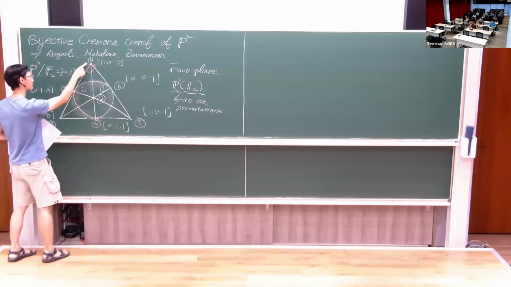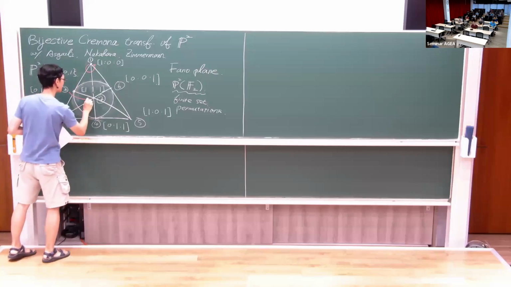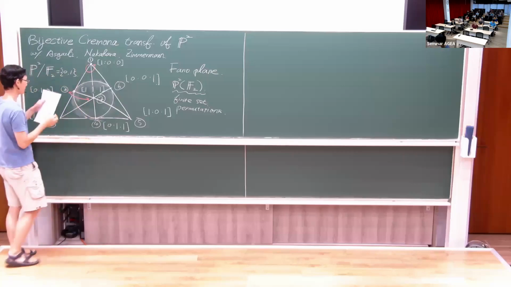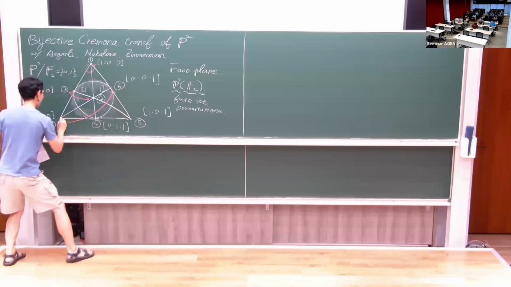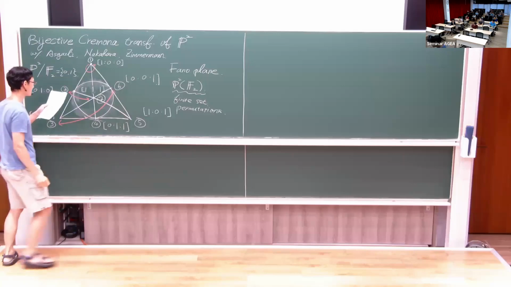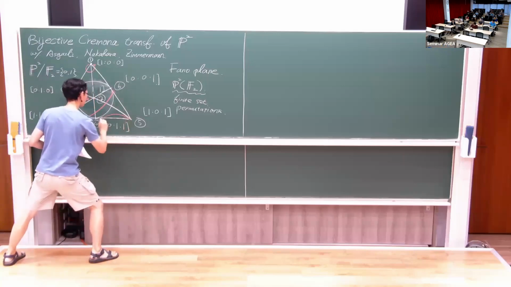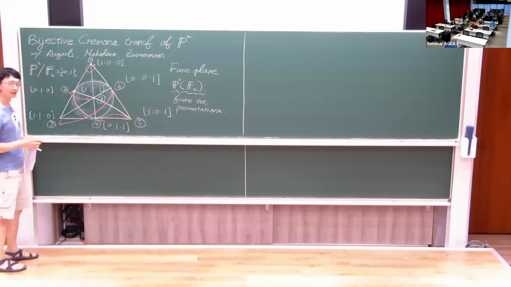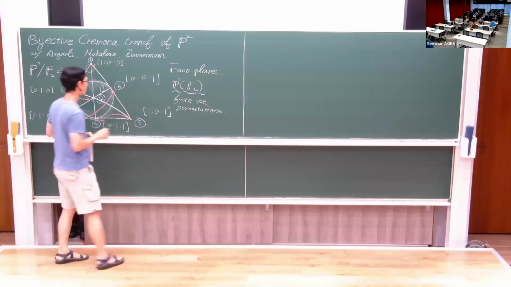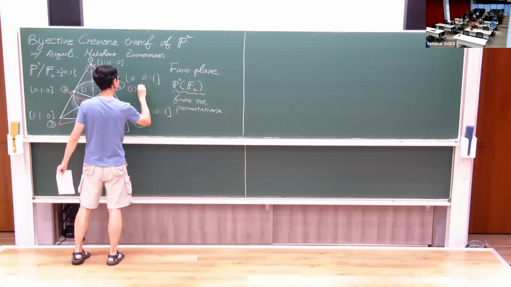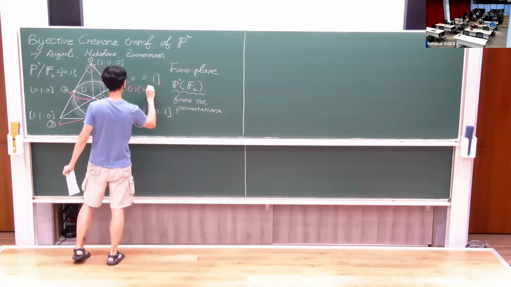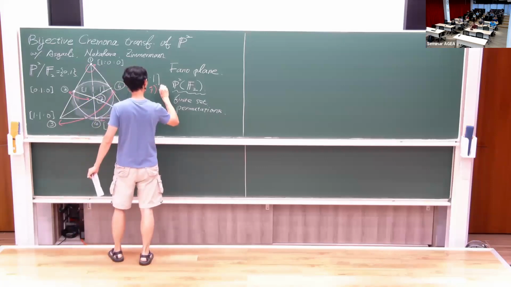It fixes 1, sends 2 to 7 and 7 back to 2, sends 3 to 6 and 6 to 3, and sends 4 to 5 and 5 to 4. And you can record this permutation using this symbol. I think you should be very familiar with this symbol if you've taken a group theory or basic algebra course.